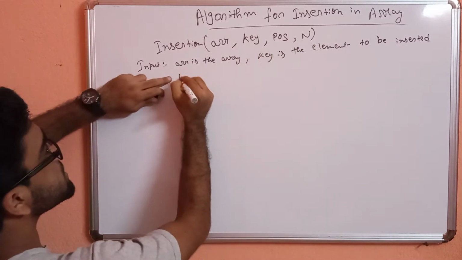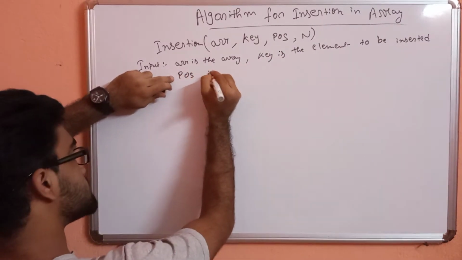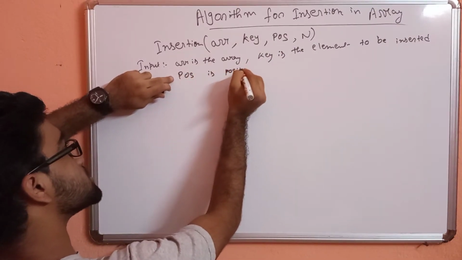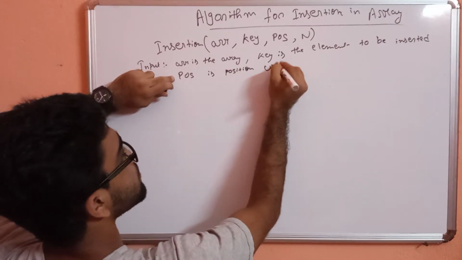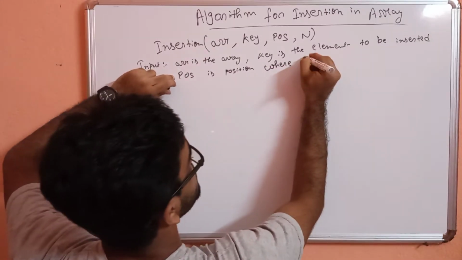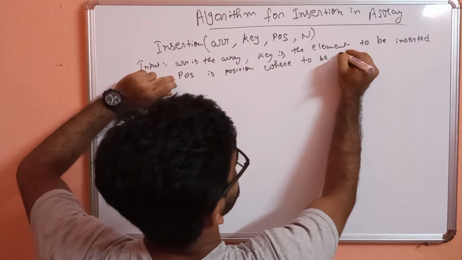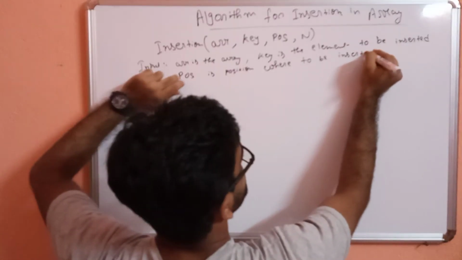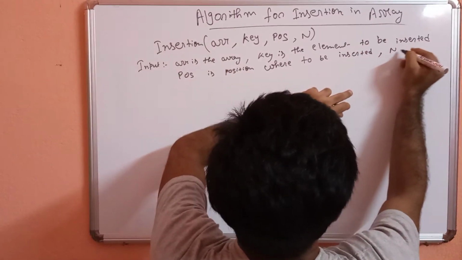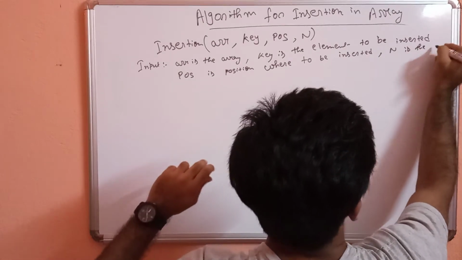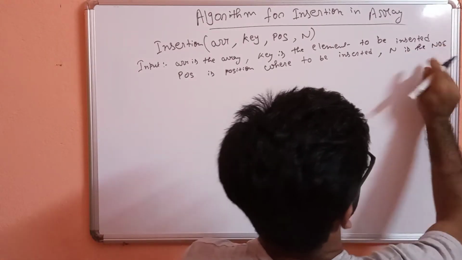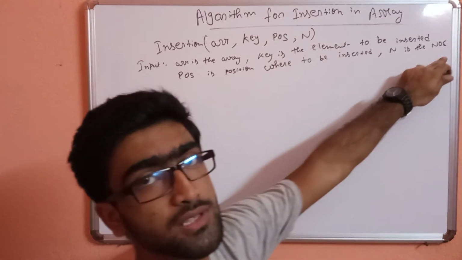POS is the position where it is to be inserted. n is the number of elements. I am writing in short, n is the number of elements.